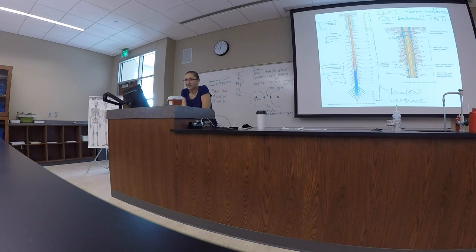So it makes it a little more difficult to dissect out because they're hidden back in there. Here is showing the C8 emerging inferior to C7, and here indicating T1 through the coccygeal nerve emerging below the pedicles. A little easier to read than my writing.